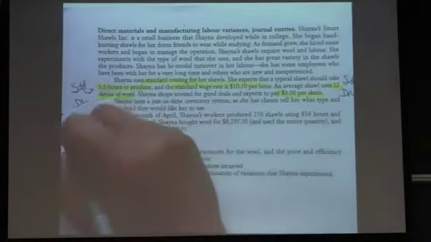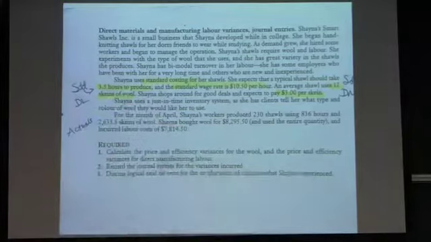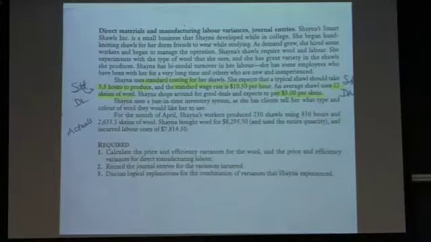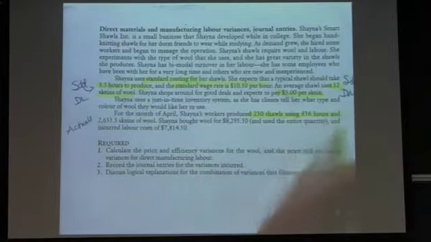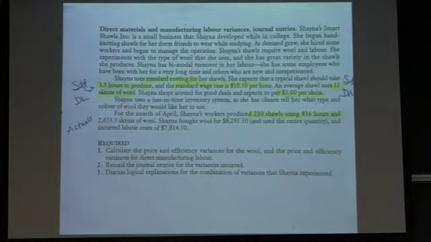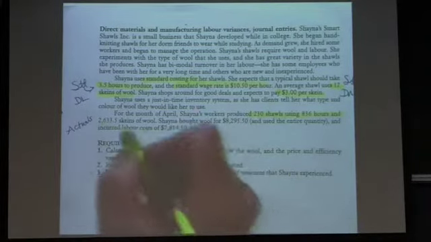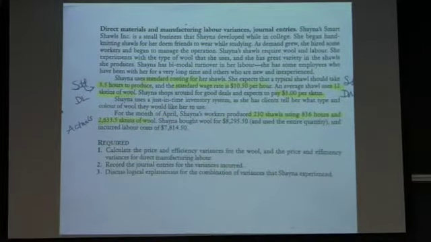So now we're dealing with actuals. Shona's workers produced 230 shawls, so this is the actual output, using 836 hours and 2,633.5 skeins of wool. These are the actual inputs.